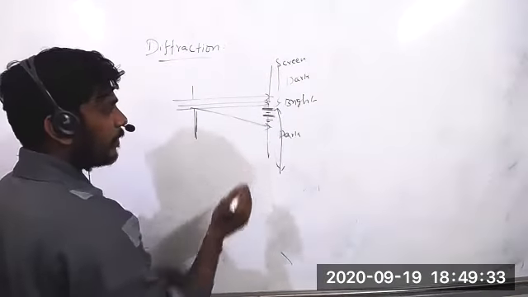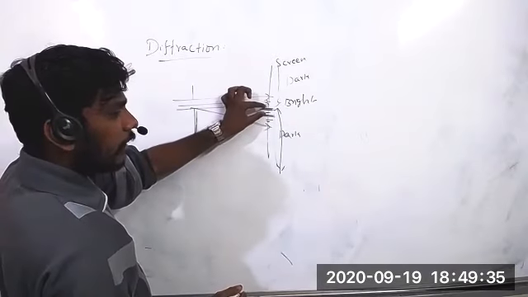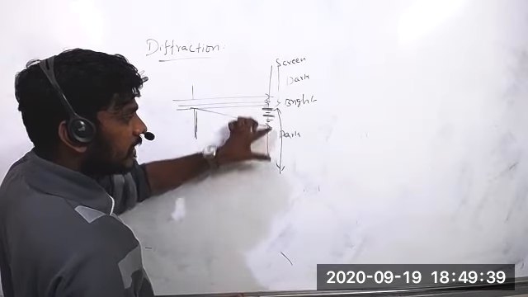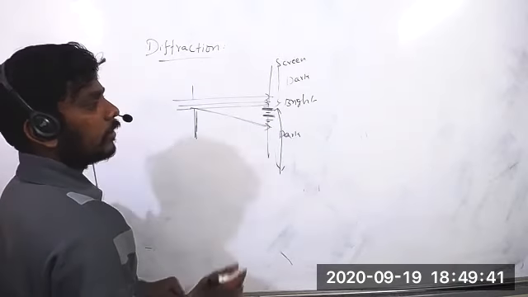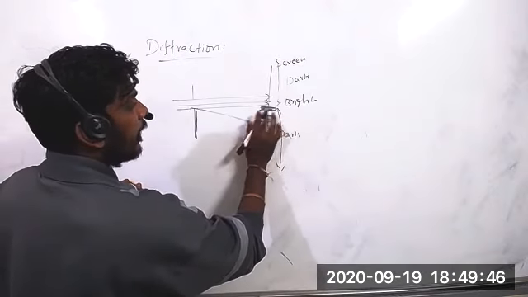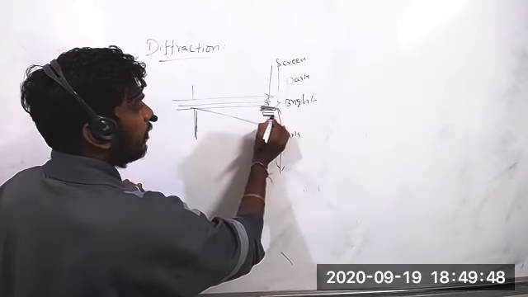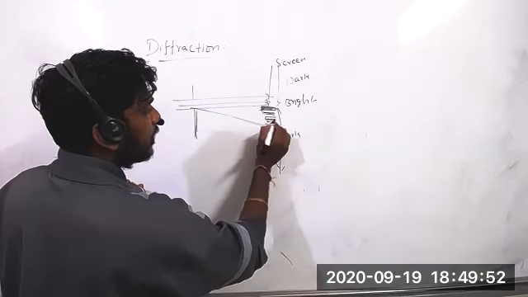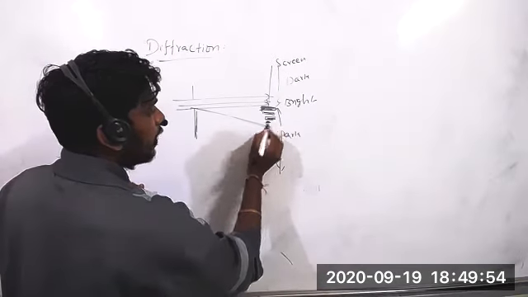Here, the bright fringes' intensity will decrease, then it will come to dark. So first you take the bright fringe. Again the next bright fringe intensity will be a little bit less. Again a little bit less. Again a little bit less.